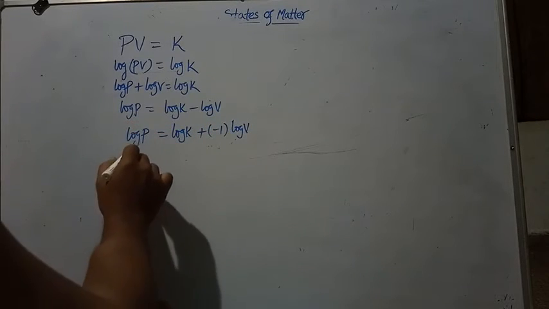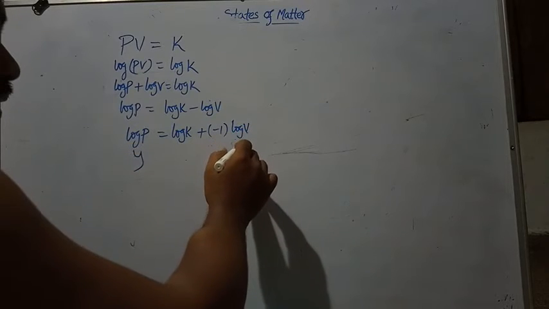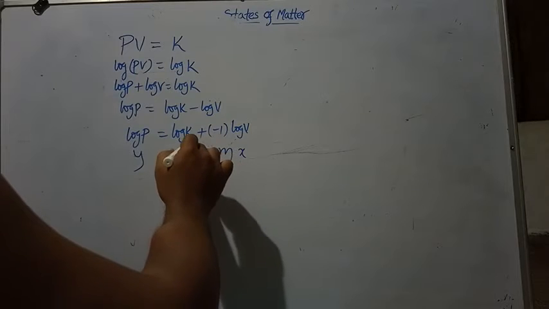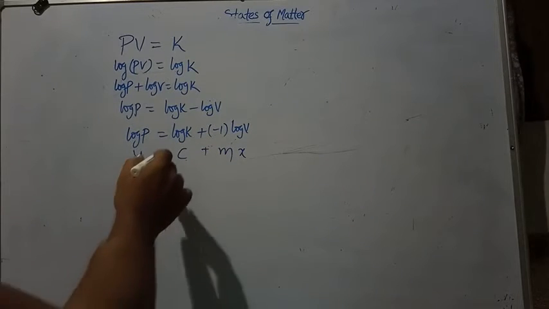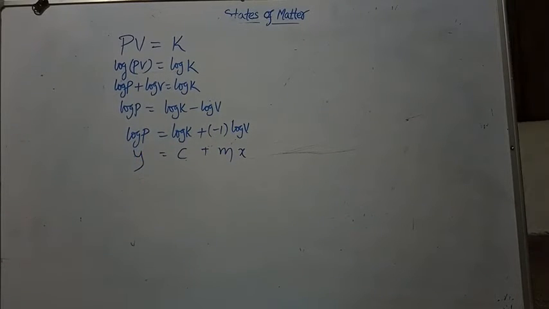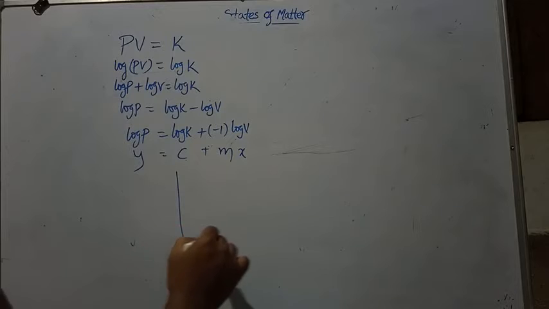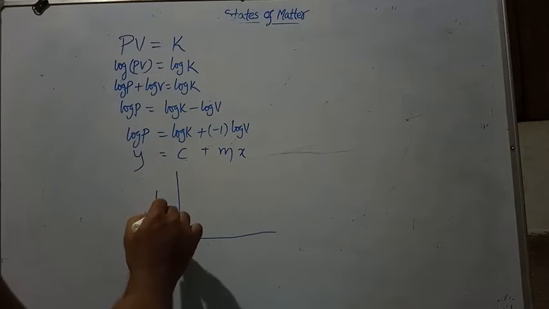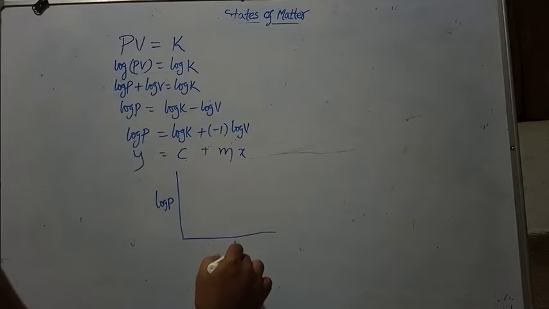So it is in the form of y is equal to mx plus c. If you draw that graph, log P on the y axis, log V on the x axis, the slope will be negative.